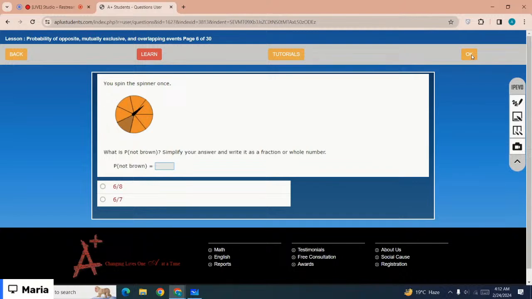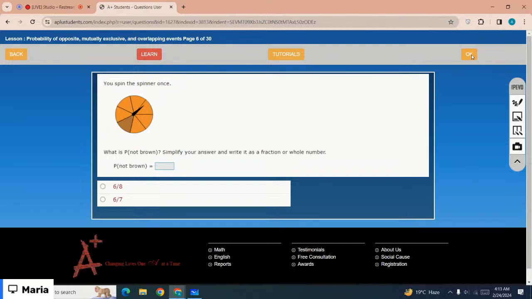The correct option is 6 over 7, right? Because only one of the portions is brown.